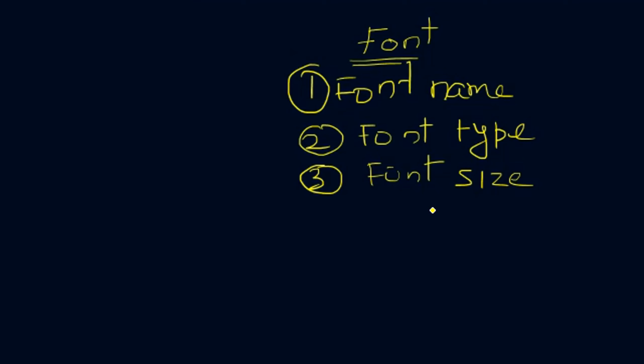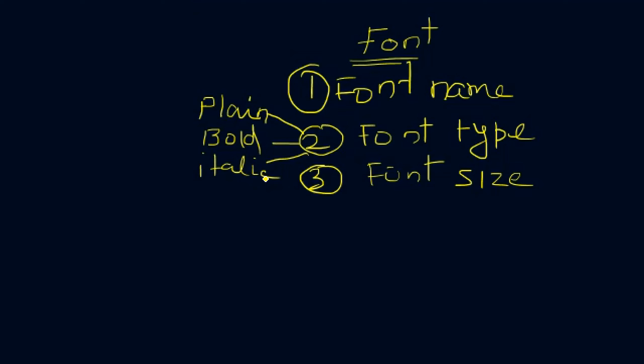When we talk about font type, in Java AWT there are three important types. One is plain font, which Windows users know as regular. Then there is a bold font, and after that there is an italic as well.